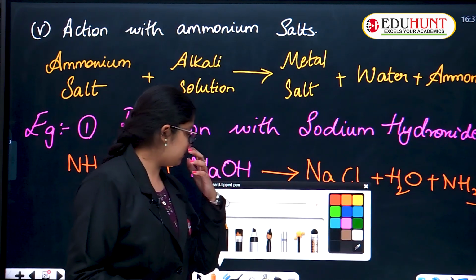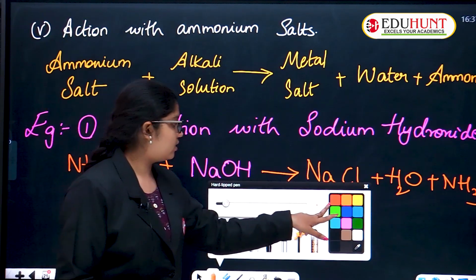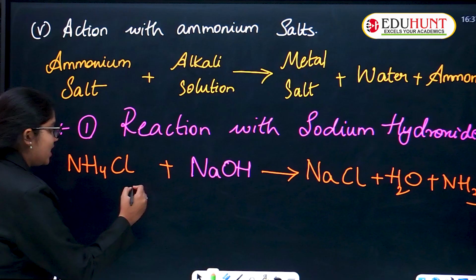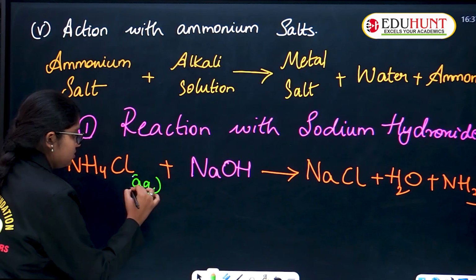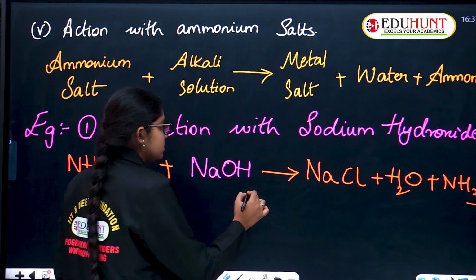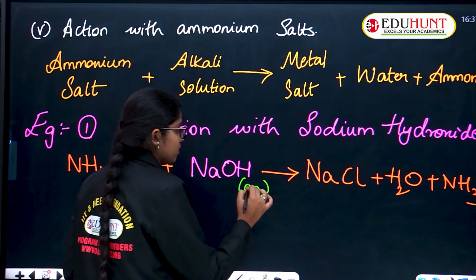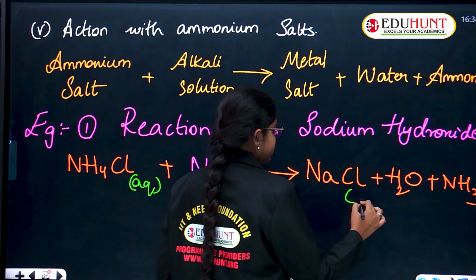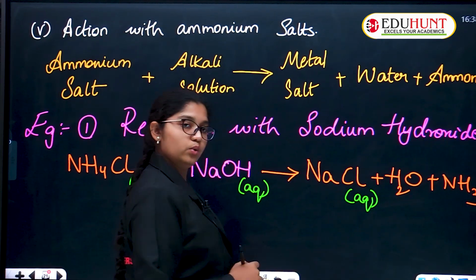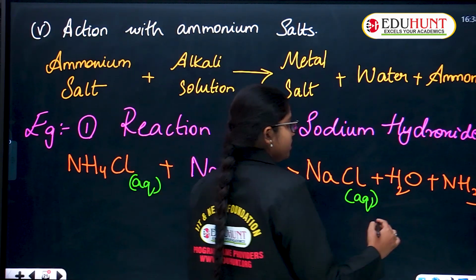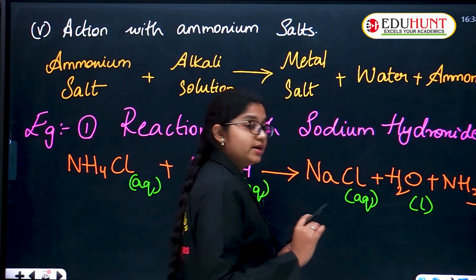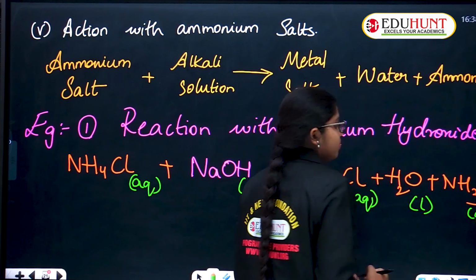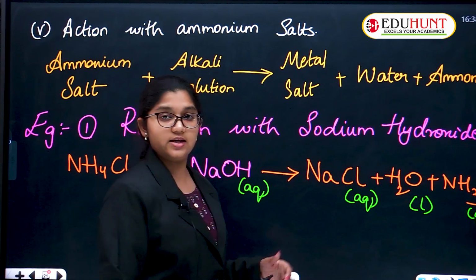So I'll write the states. Ammonium chloride is aqueous, and sodium hydroxide is also an aqueous solution, and sodium chloride is aqueous in nature, and water is liquid, and ammonia is gaseous in nature.